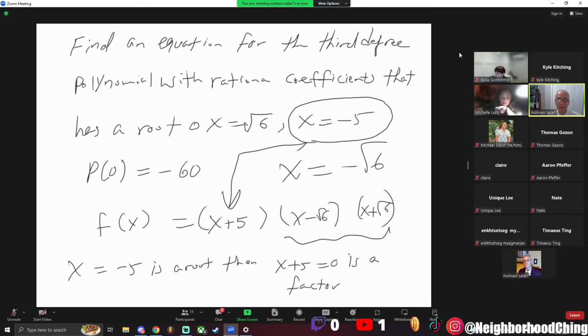Remember the factor theorem? Okay. So in here, x equals root 6 is a root, so x minus root 6 is a factor. Therefore, x plus root 6 is the other factor.